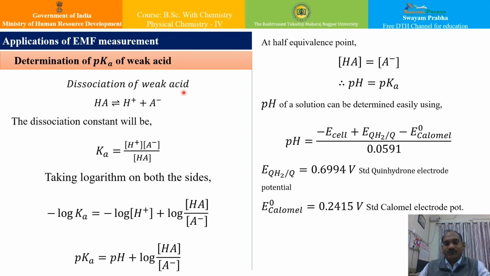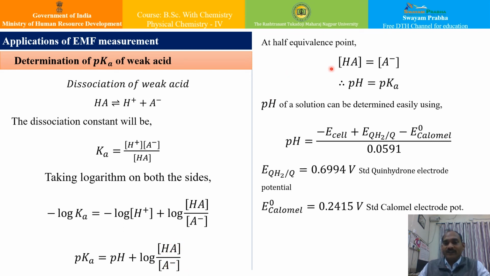Basically, the dissociation of the weak acid is of this pattern. Now, the dissociation constant is given by this. Okay, if I take log of both sides of this equation, I get this particular expression. Now I can write pK is equal to pH plus log of the salt upon the concentration of the acid.